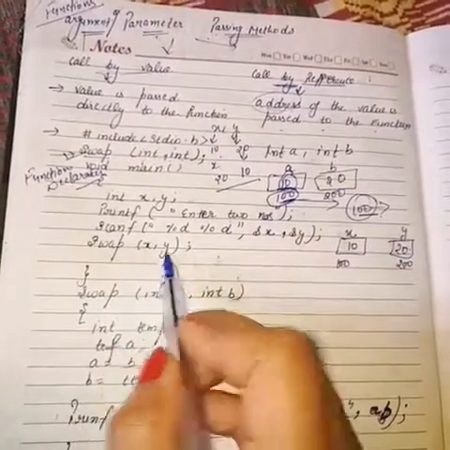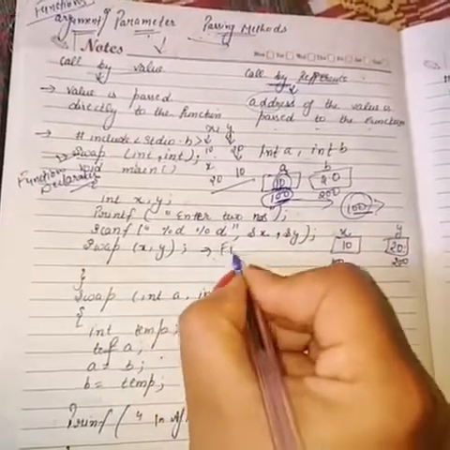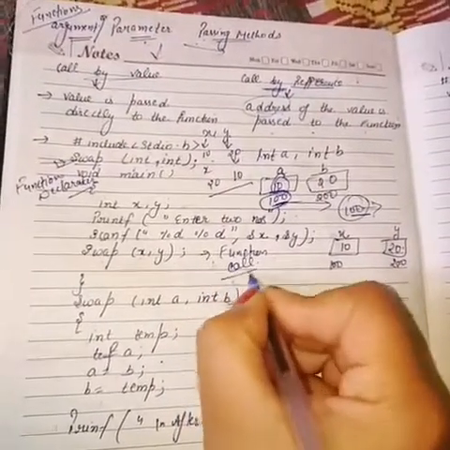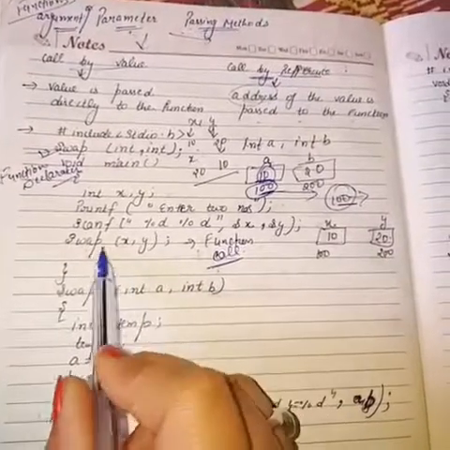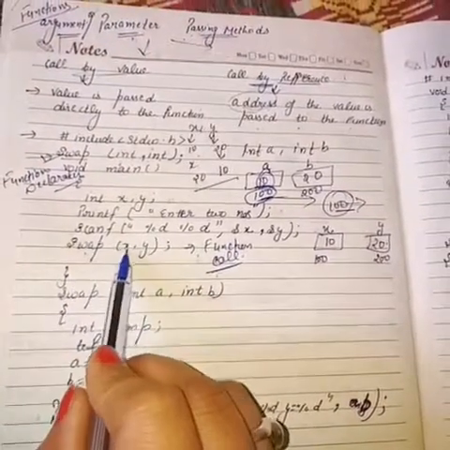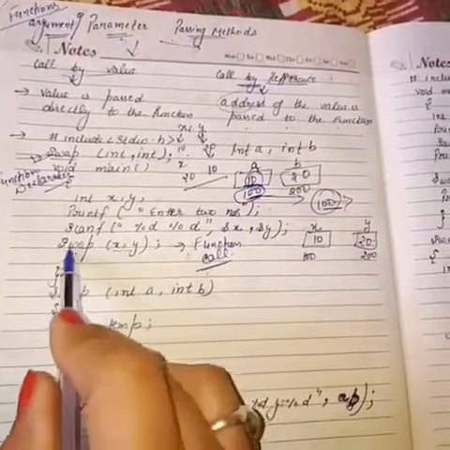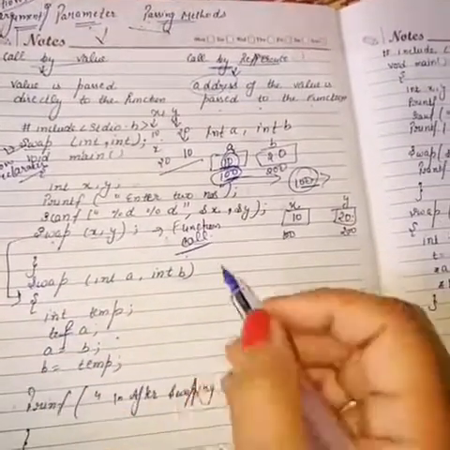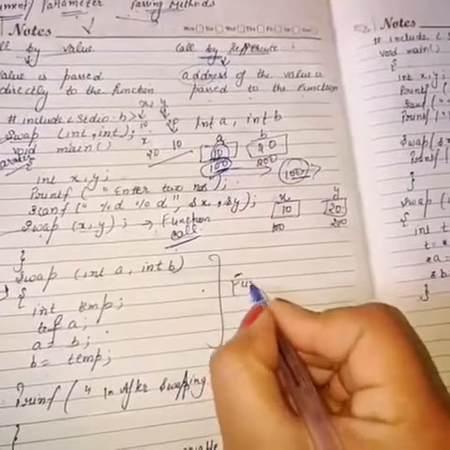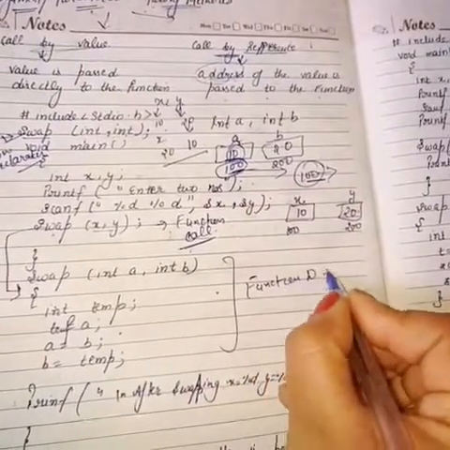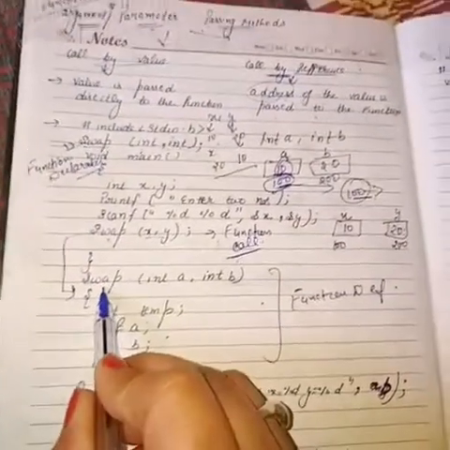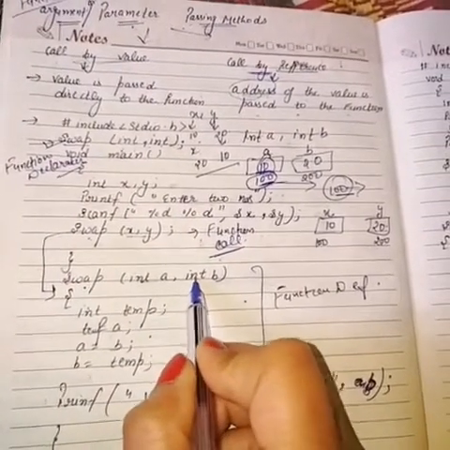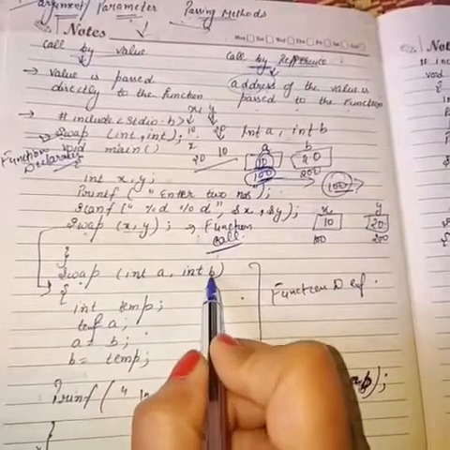swap(x, y). This is the function calling part. Here there is a function name and the list of arguments. Then the control is passed to the function definition part. In the function definition there is a function named swap, with the parameters or arguments int a, comma, int b.